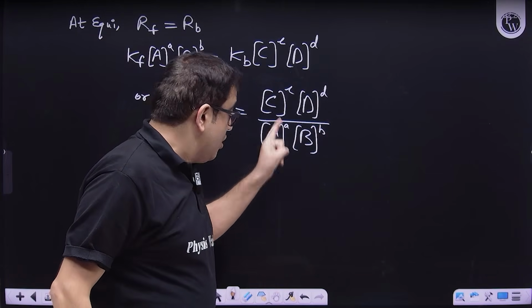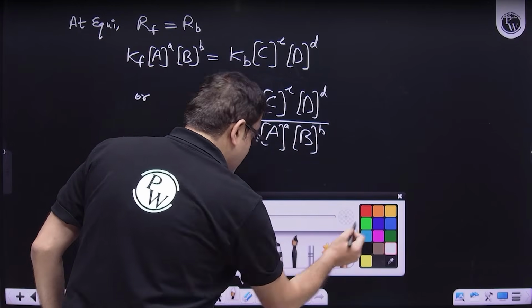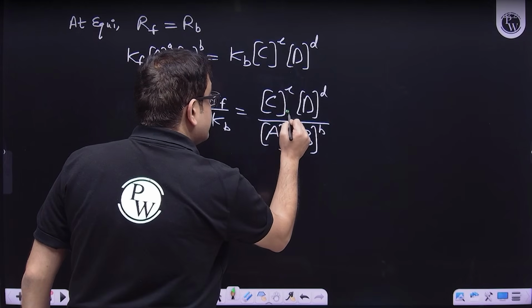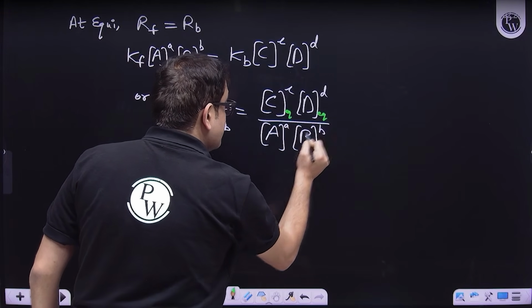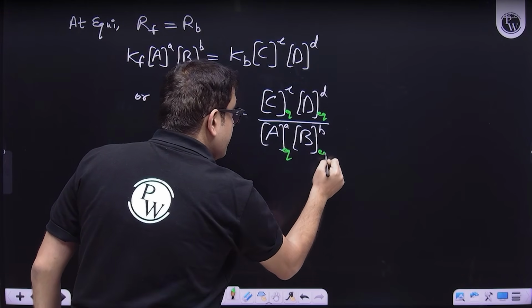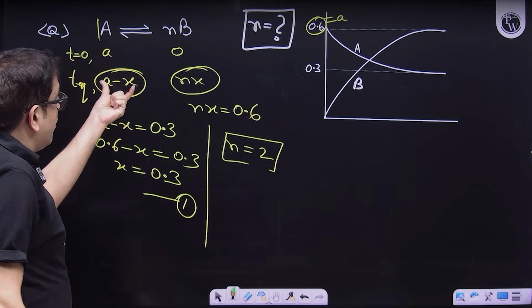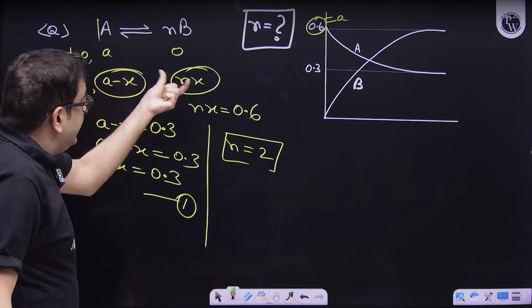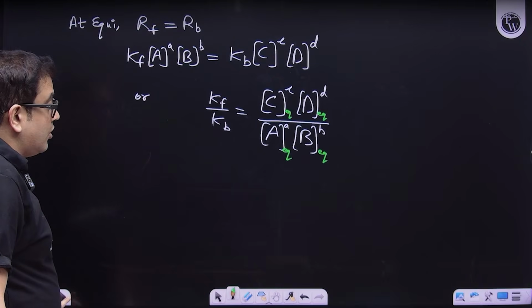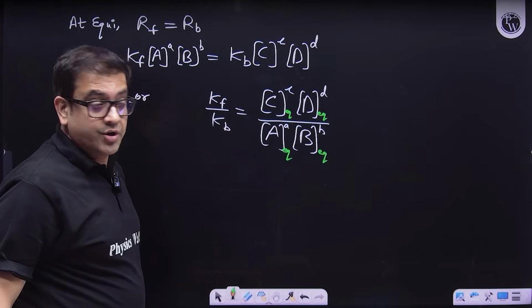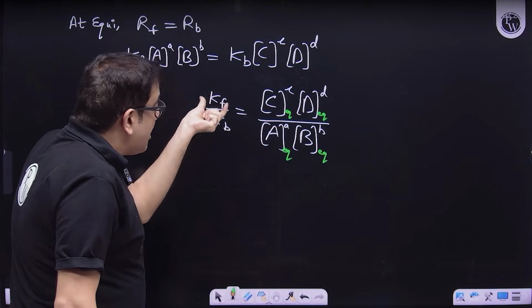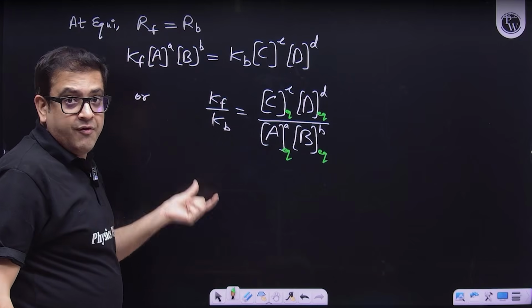And remember, what are these concentrations? These are the concentrations of the species present at equilibrium, and they are coming out to be equal to Kf upon Kb.